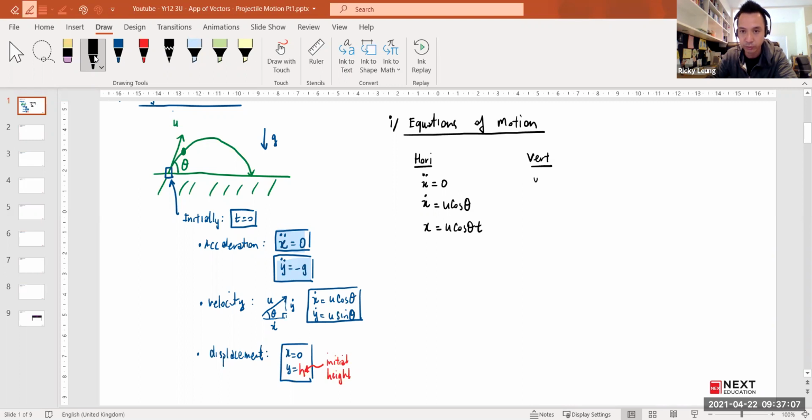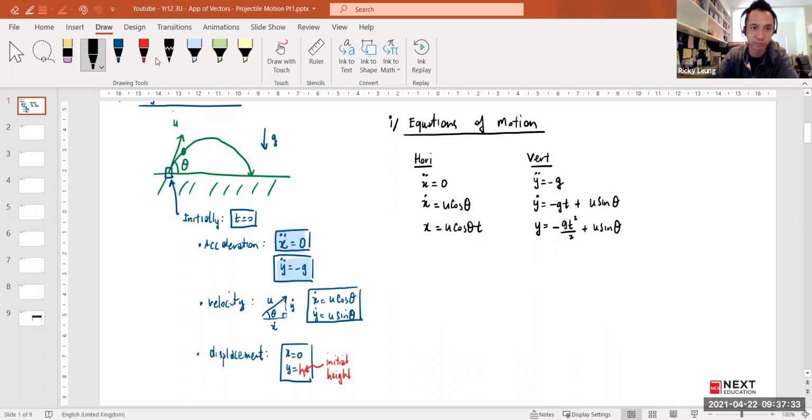Vertically, once again, we start with the thing that's given, right? And that's constant over time. If I integrate this with respect to time, I get minus gt, right? Plus, now the constant over here that you'll find is u sine theta. So we'll use that to integrate later. And last but not least, if you integrate that again with respect to time, you get this plus u sine theta t.